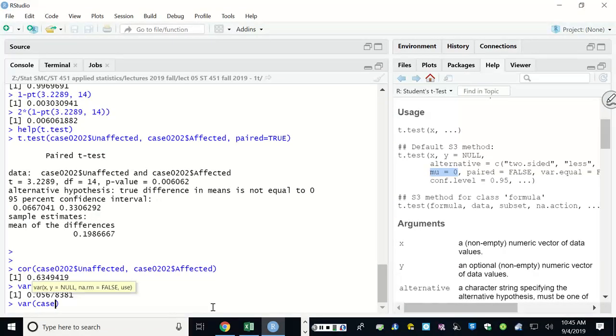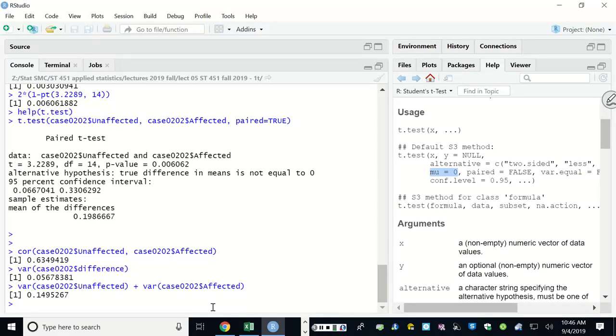The variance of the case O2 unaffected plus the variance of case O2 affected is much larger, 0.149 versus 0.056, because you have that big impact of the covariance, the correlation, making the differences much smaller.